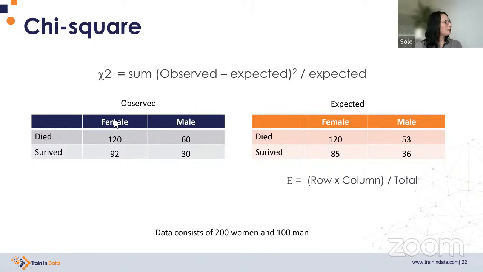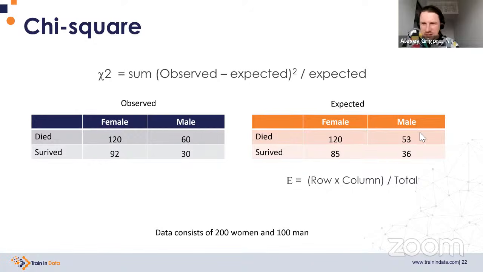And for female, the column total is 120 plus 92, something like 212, I think. So then you put this in this cell, it would be 112 times 180 divided by the total number of observations. And this gives you 120. If you put that in the calculation, this might be true, because I did it before putting it on the slide.